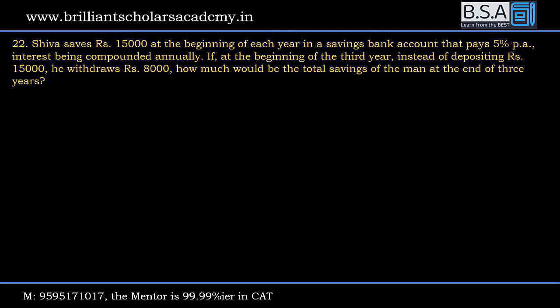So again, if you draw a timeline, it will be easier for you to visualize what is happening. The question is compounded annually, so you'll have to deal with powers, 1.05 cube, 1.05 square, and so on. This is a question based upon deposits.